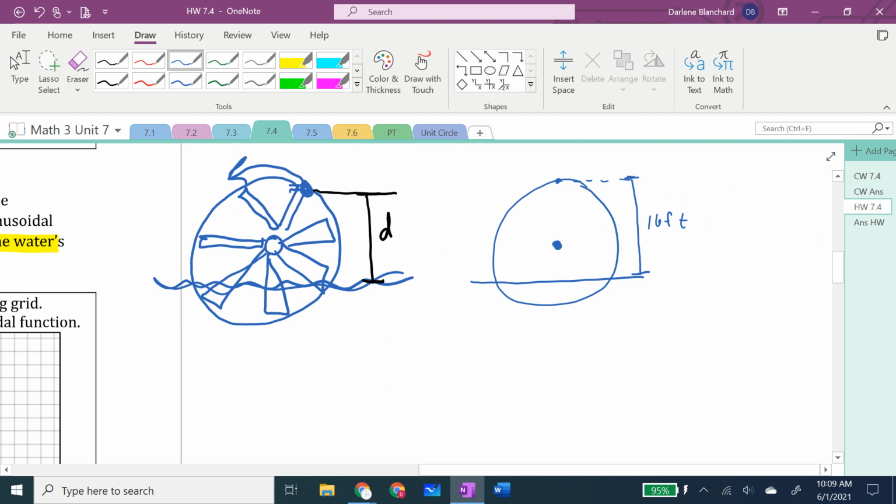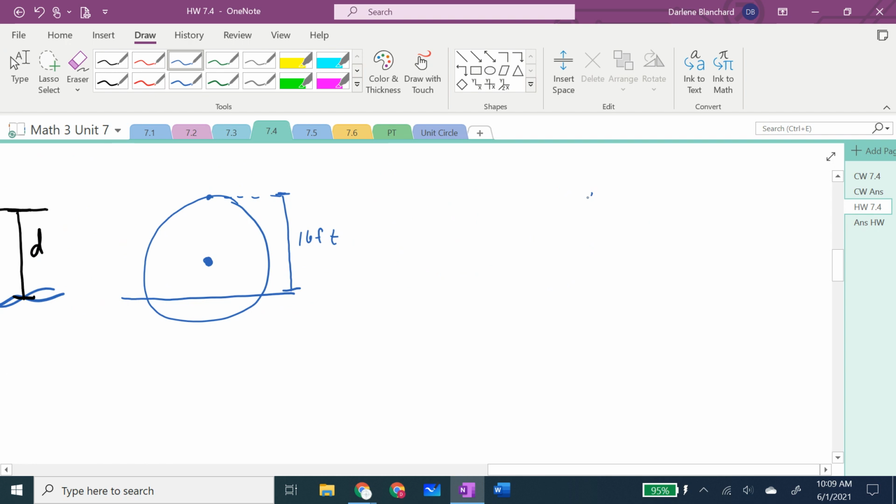So actually, I drew that in the wrong spot, didn't I? So if this distance is 18 feet, then I'm actually looking at the surface of water being about there.